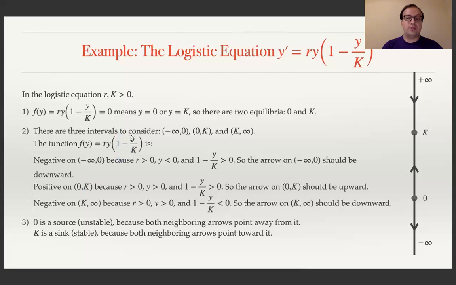So y over k is less than 1. So 1 minus y over k is positive. So we have the product of three numbers. All three numbers are positive. Therefore, the function is positive. So the arrow should be upward.